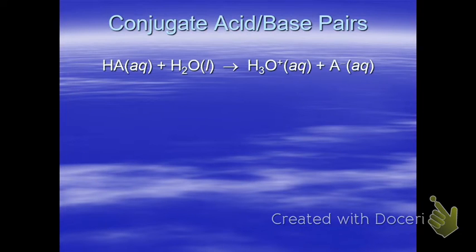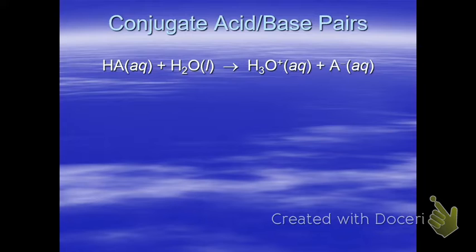So here's something that you may be asked to do. I want you to look at this reaction. First of all, I hope we all know at this point, we're getting towards the end of the year, there is no element A on the periodic table. I want you to think of A as standing for any nonmetal.